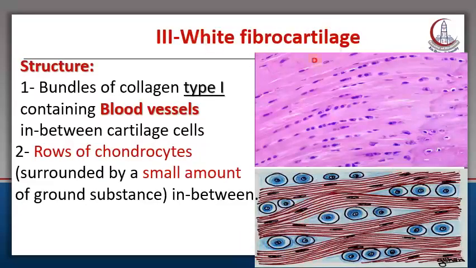So the components of white fibrocartilage are collagen type 1, which contains blood vessels, and between these fibers, rows of chondrocytes with a small amount of extracellular matrix. It is very important to know that the white fibrocartilage is not covered with perichondrium.